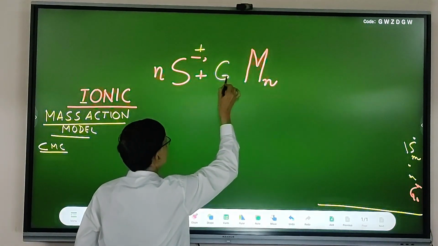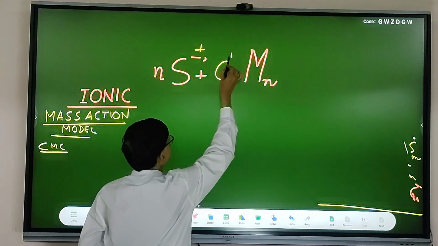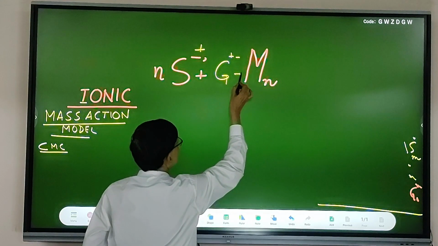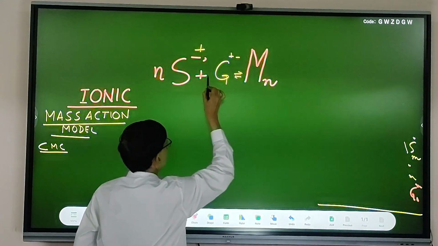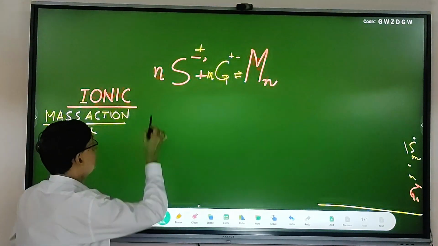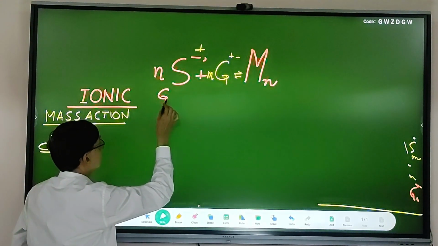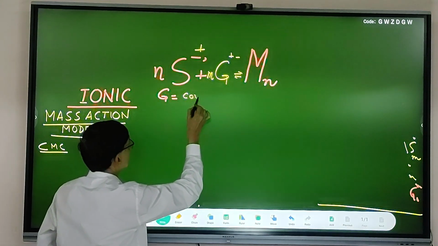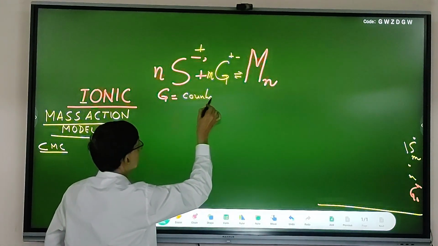I can write it as G. Again it may be positive, it may be negative. And of course the number of counter ions I can write as N. So this G is the counter ion.